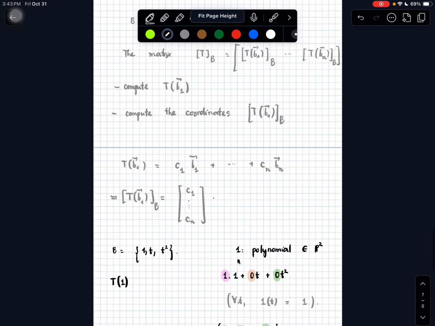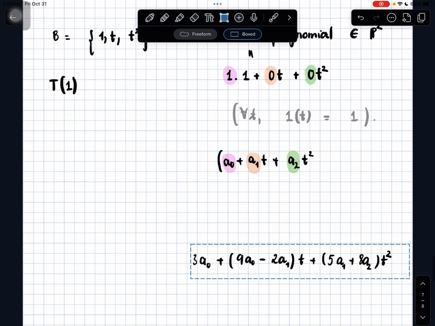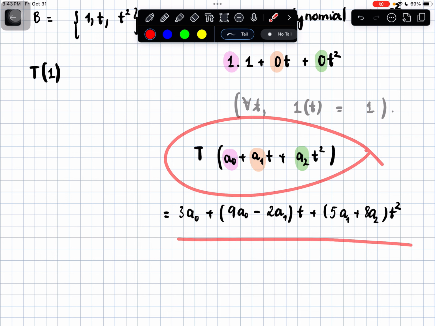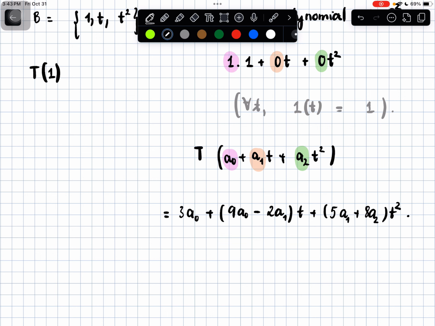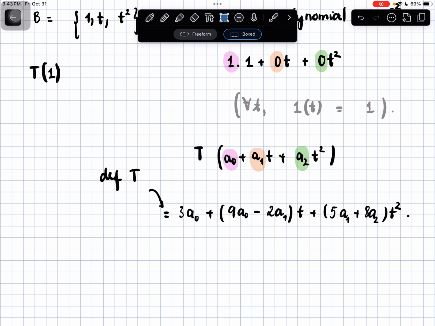By the definition of the transformation, T sends this polynomial to this one. This is the definition of T. For each question, they give us a different formula, but this is the image of this polynomial. So now we compute what T of 1 is.